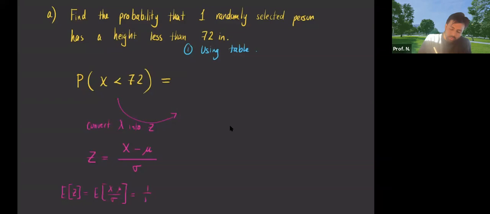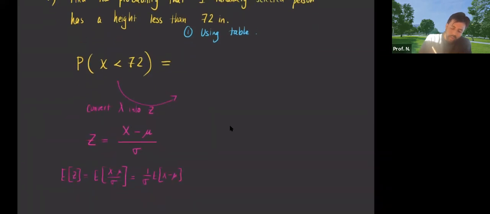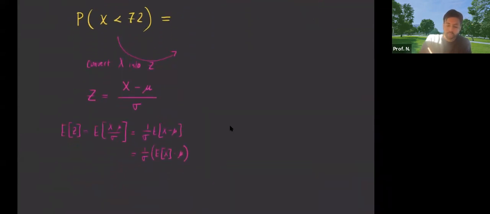Remember, I can take out the 1 over sigma, and then multiply it by the expected value of X minus mu. And then because of the linear properties, I can write this as the expected value of X minus the expected value of mu, which is just mu. But what's the expected value of X? Isn't mu the expected value of X? So aren't I subtracting the same thing? So isn't this going to be 0?